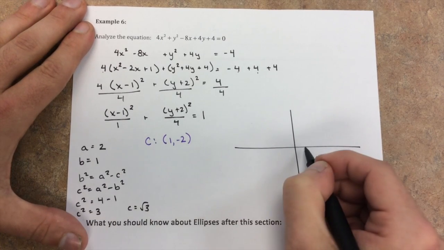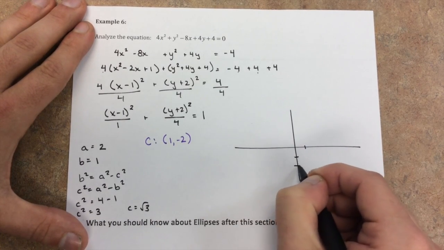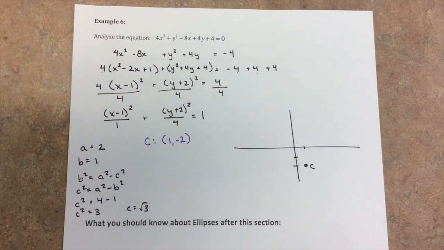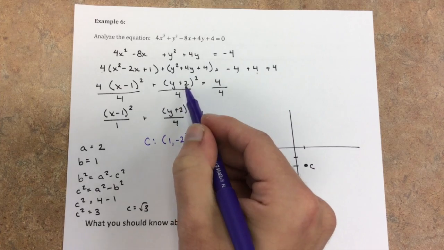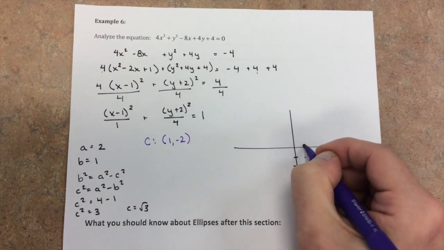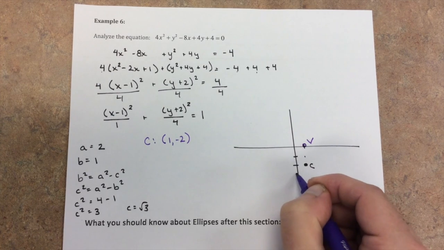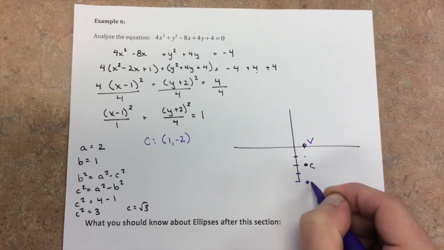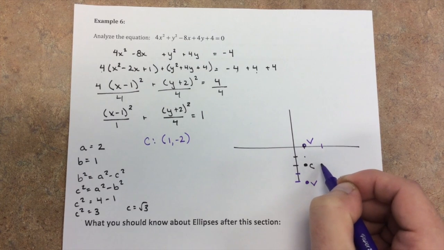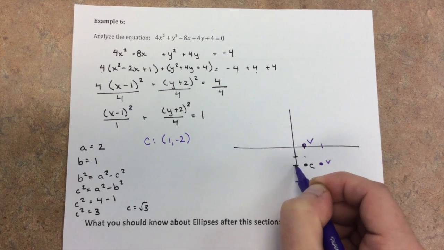So we start at our center, 1, negative 2. Label it. Now let's just count. We know that we go up 2 and down 2 on the y, so we go up 2, 1, 2. There's our vertex. Then we go down 2. There's our vertex. We go 1 to the left and right, so 1 here, 1 here.